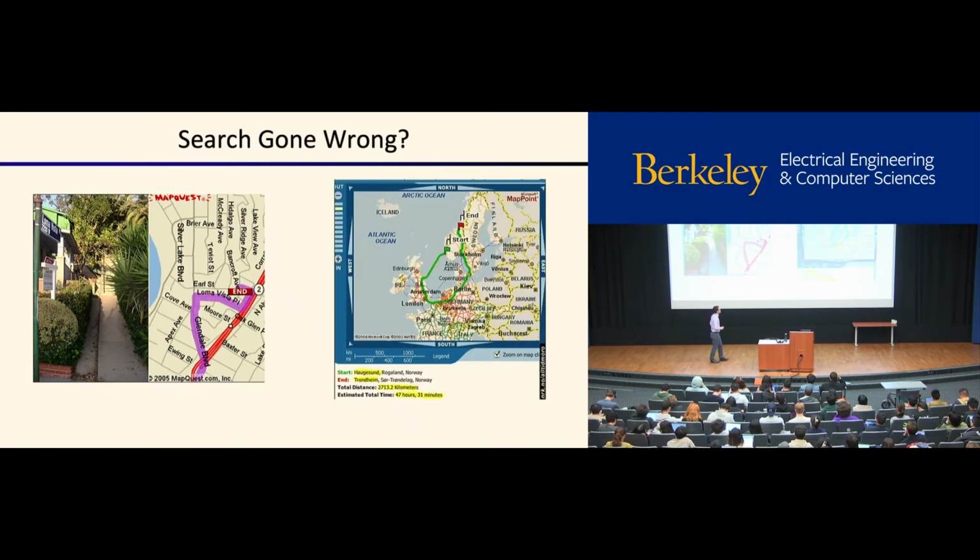Same thing for this map software, Microsoft MapPoint. I don't even know if I've ever heard of this. From 2003, oh boy. This is a route to try and get from one place in Norway to another place in Norway, and to do that, we go in through continental Europe, take a couple of ferries, and then head back to Norway.